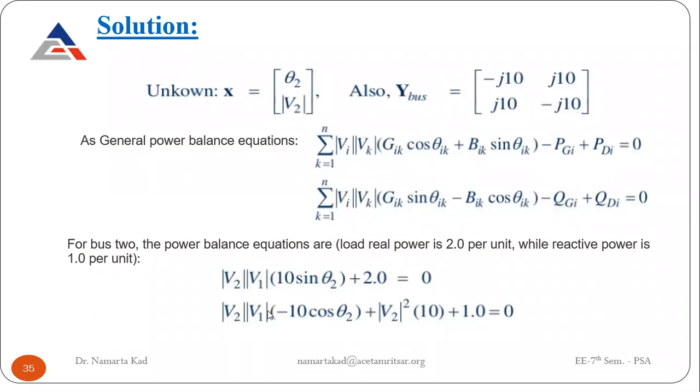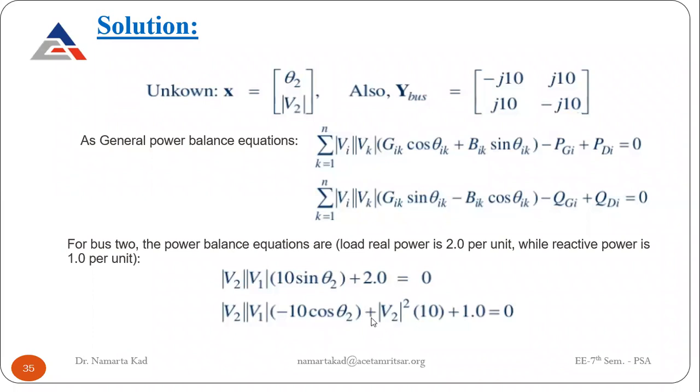Now for the second part, here V2, V1, there is no G, so this component comes out to be 0. Now we have to write this. B is 10, so minus 10 cos of theta 2.